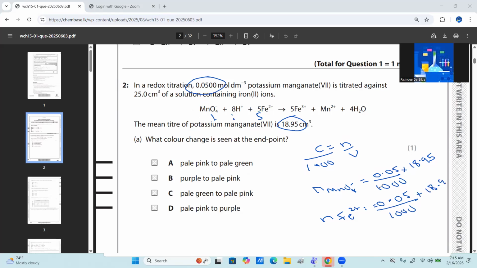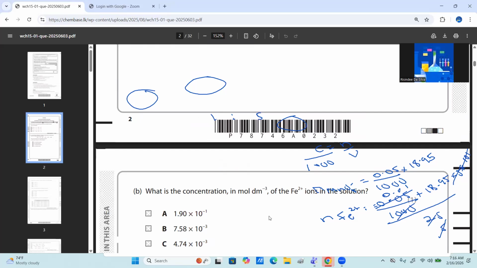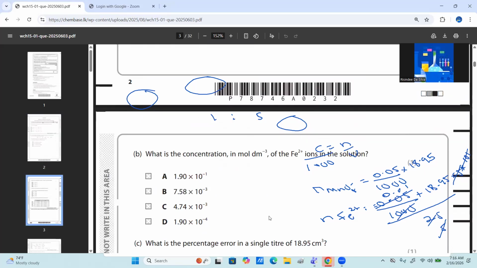Then the volume of iron is 25. Then you have to find in 1000. 1000 to 1000 will cancel out. Then you get the concentration as 0.018 something, 189, which is closer to 1.9.